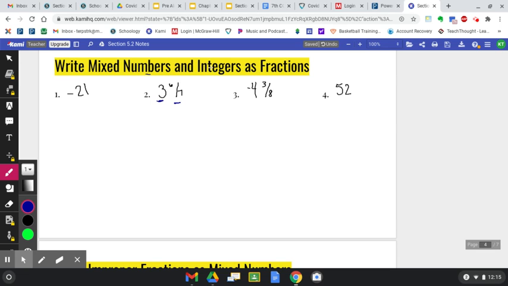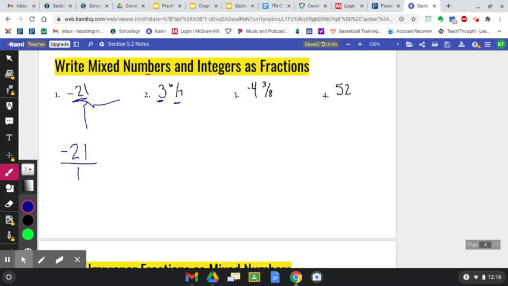And so to change an integer into a fraction is really simple, right? I just say it's negative 21 and I put it over 1, right? Numerator is negative 21, denominator is 1. And if I were to divide that out, right, which we looked at in section 5.1, I can change it to the decimal or equivalent by just dividing these two values, and I end up back at negative 21.